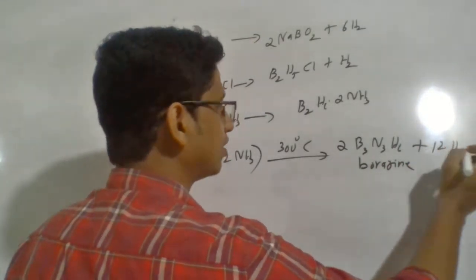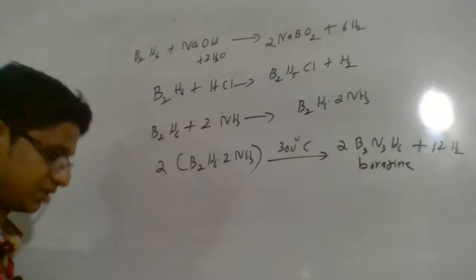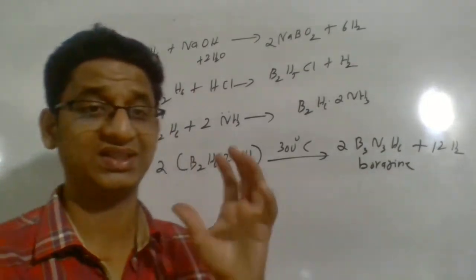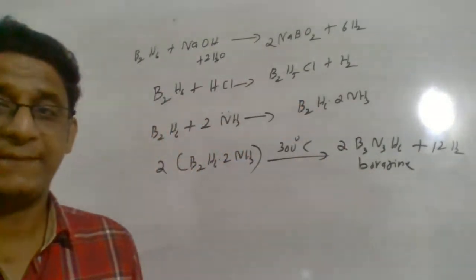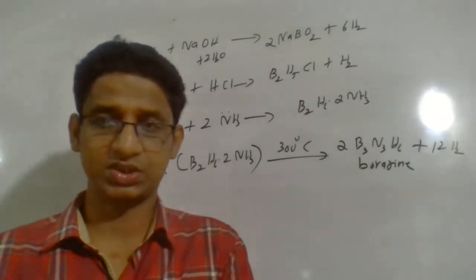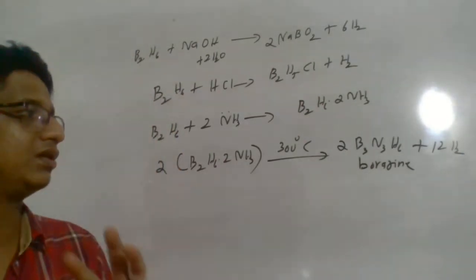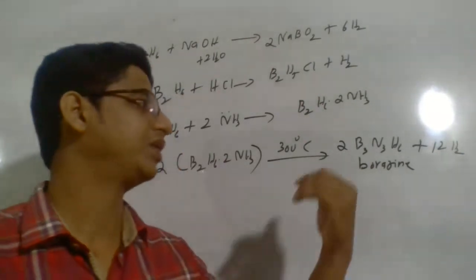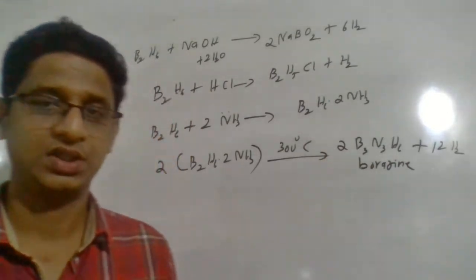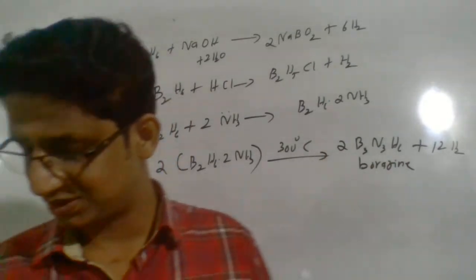We will talk a lot about borazine in a later section. One point you can remember about borazine is that we call it inorganic benzene. Very similar to the structure of benzene, but instead of carbon, here you have alternating boron and nitrogen. We will discuss what borazine is all about.